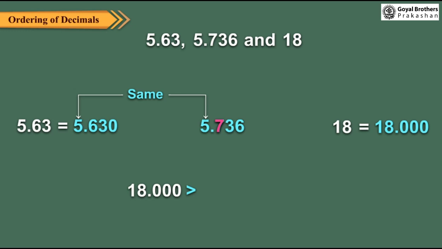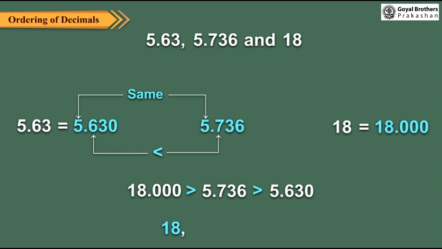But the 10th digit of 5.736 is greater than that of 5.630. So, 5.736 is greater than 5.630. Then we can write the numbers in descending order as 18, 5.736 and 5.63.